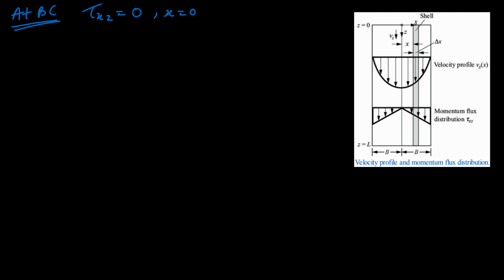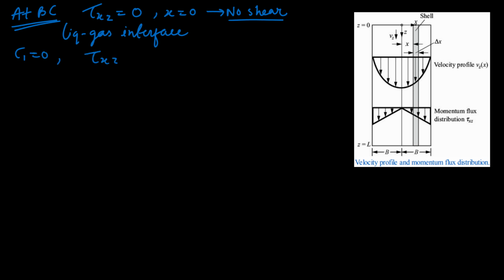So no shear condition at the liquid gas interface. I get C1 equals to 0. So with C1 equal to 0, tau xz equals P0 minus PL upon L into x.